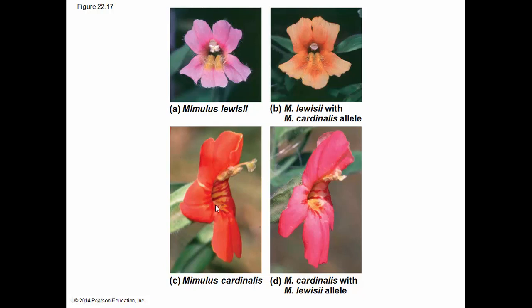And you can take a red flower, which is attractive to hummingbirds, and make it pinkish, which makes it attractive to bees and hummingbirds. So these two flowers are distinct by virtue of their pollinators, but you can change which pollinators are attracted to them by transferring the alleles for flower coloration.